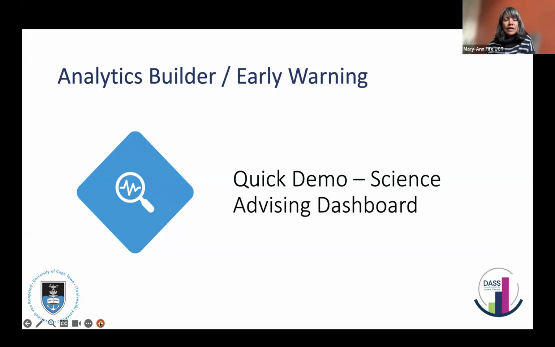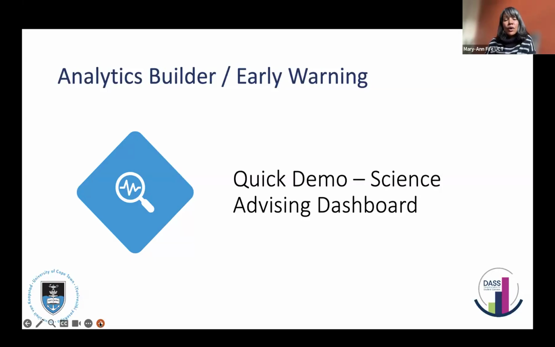What the science faculty advisors would do is look at midterm grades and see that some of these students are not performing well in their midterm tests, and so maybe that's an indicator that we need to check on those students and see whether they need additional support. But as you can imagine, at the point where students write their midterm tests, that's a little bit too late to be considered an early warning system.